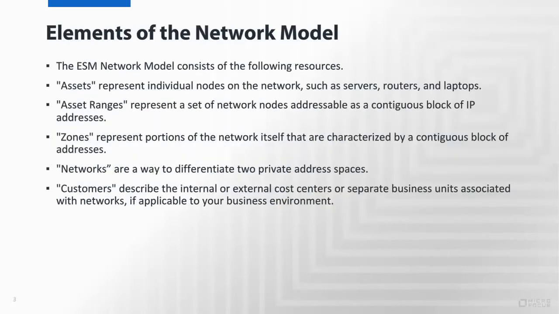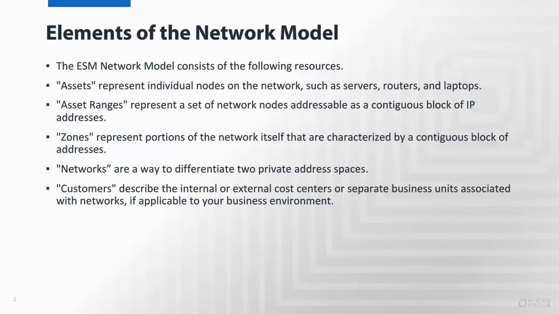So carrying over from the previous slide, you can see that there are a number of elements within the resource types that are part of the network model. Customers are used to describe various businesses and/or internal cost centers for tracking events and load. Networks are used to differentiate two private address spaces where there could be, for example, IP overlap.